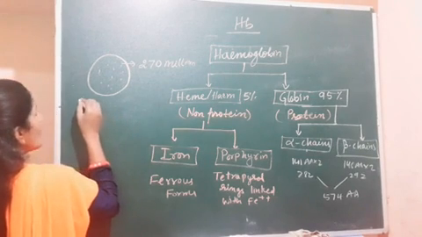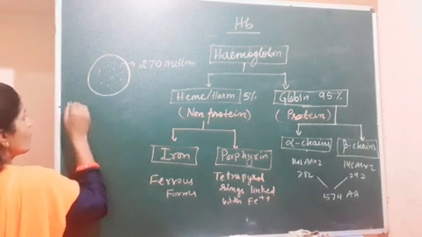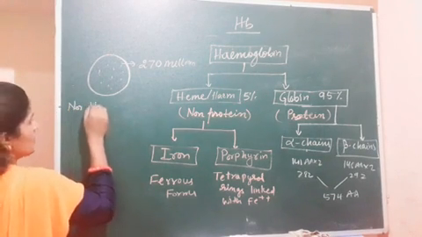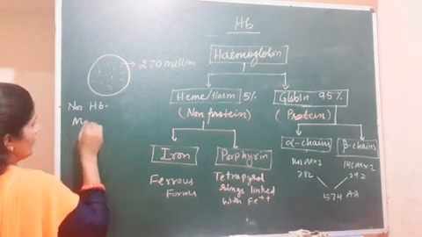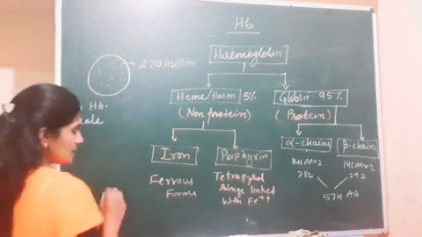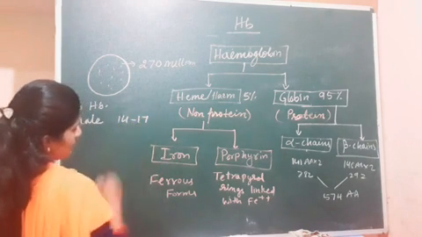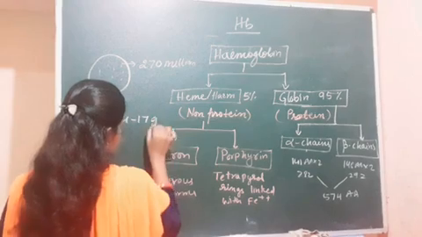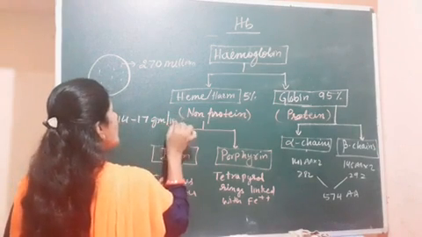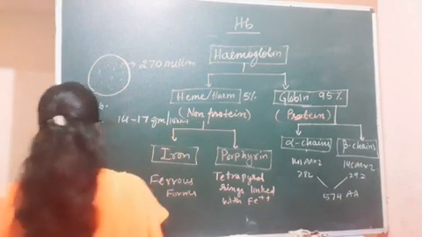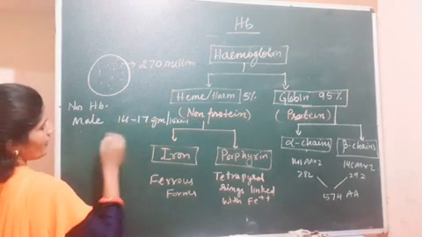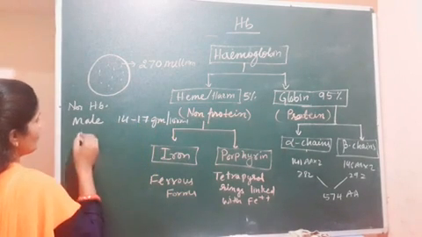The hemoglobin count, normal HB in male is 14 to 17 grams per 100 ml of blood.